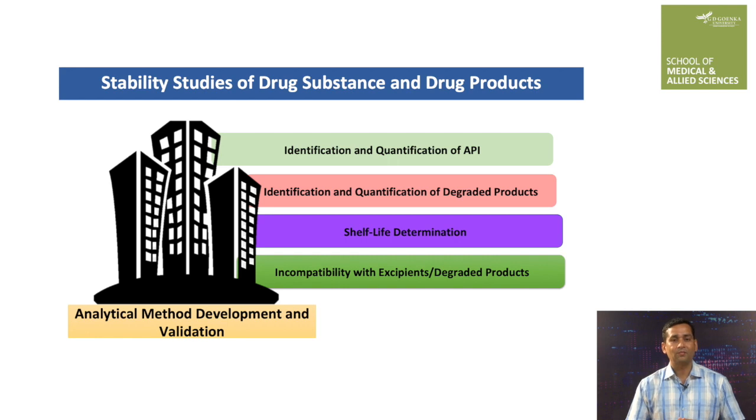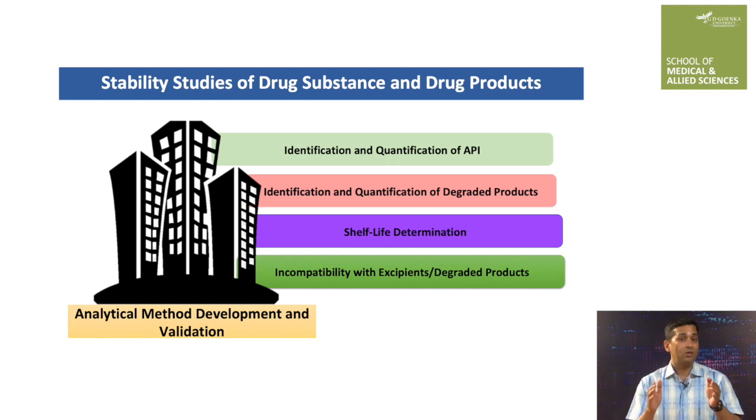For example, for the identification and quantification of API, we need analytical methods. No one can perform identification and quantification of degraded products without analytical methods.